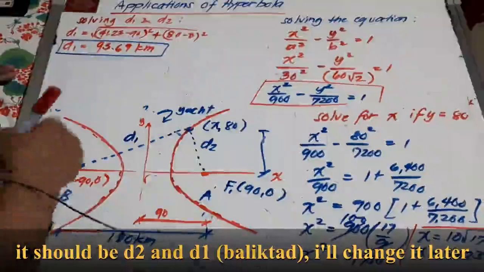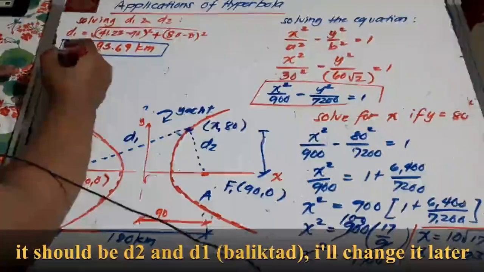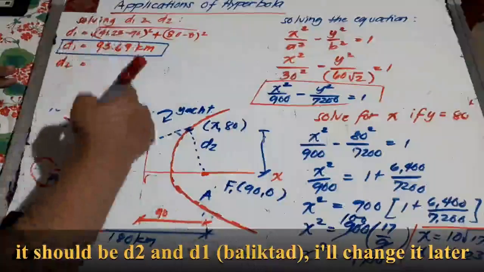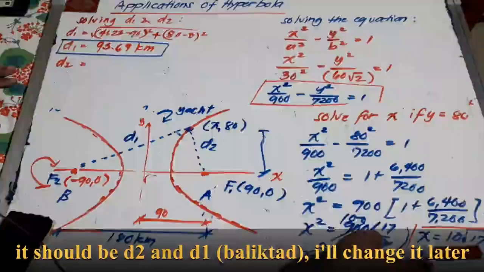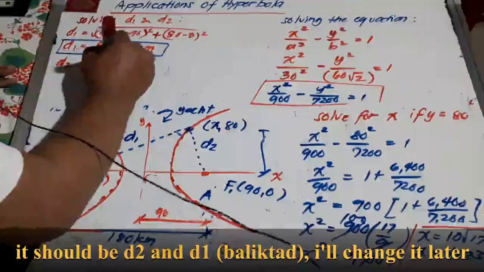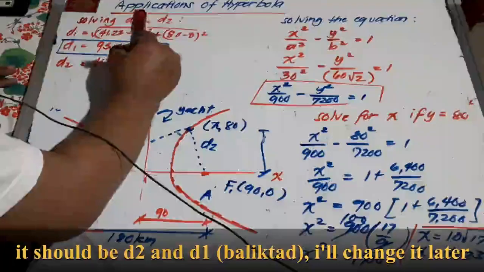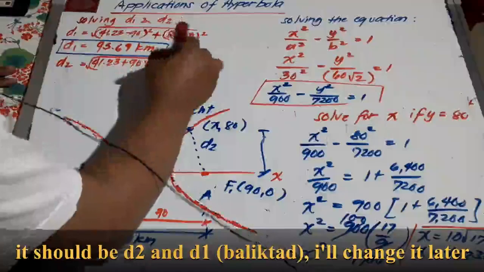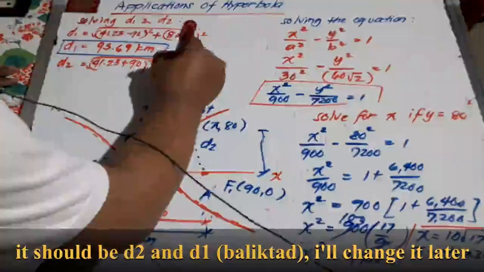Dito naman, D sub 2. So ito, x natin is 41.23. 41.23 minus 90. That will become positive, squared plus 80 minus 0 squared.